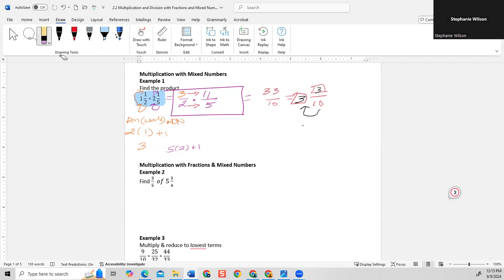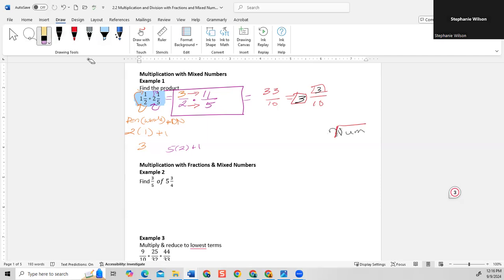However, I'm going to show you another method. You should pick the one you want. So I'm going to do long division. What goes on the inside of this doghouse, this division, is the numerator. The numerator always goes inside, the top number. The bottom number always goes on the outside.